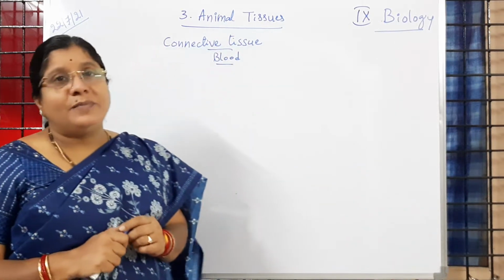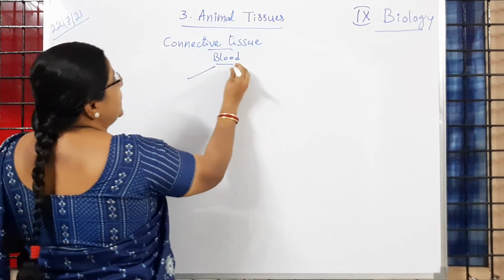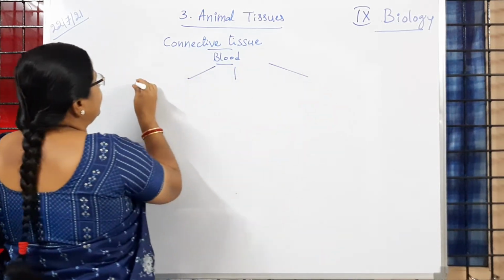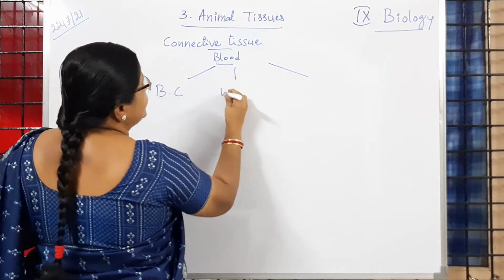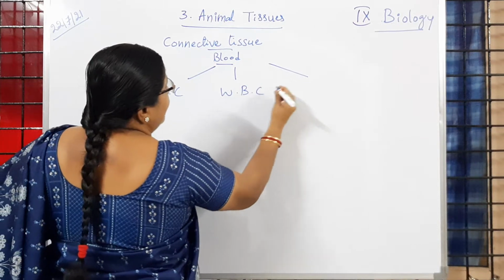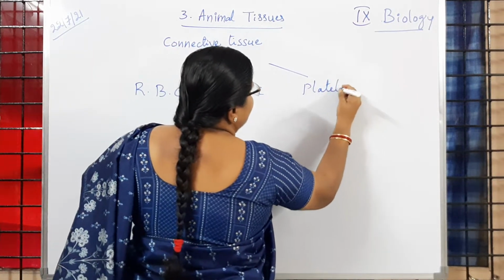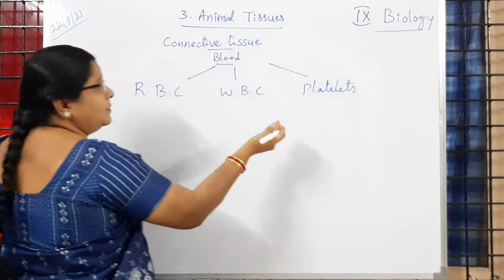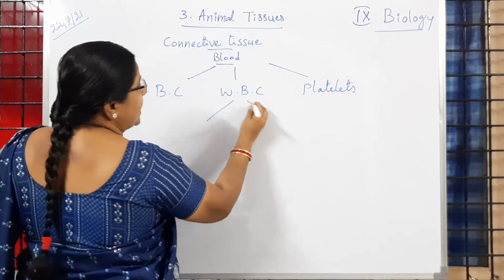And the second type of blood cells, WBC. There are three types of blood cells. We know that RBC we completed. Now WBC, and the third type is platelets, which we call blood platelets also. WBC is of two types.